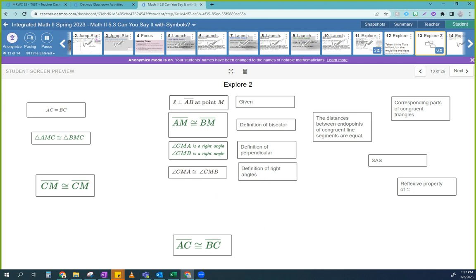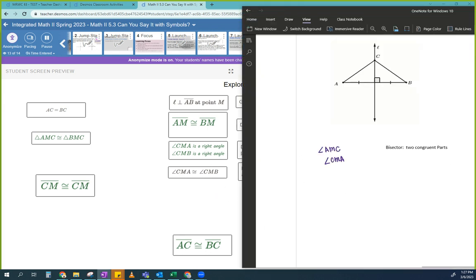Okay, so now that those angles are congruent, I can go like this. This is how Miss Johnson marks that these two angles are congruent. She marks them like this with little arc marks. So I have a side. I have an angle. Oh, I can't put the triangle one yet. Which one would come next?